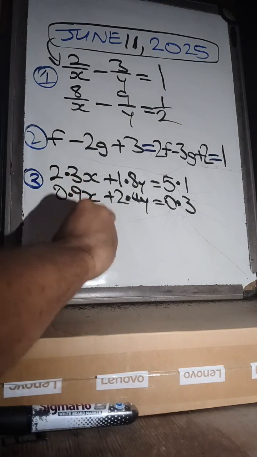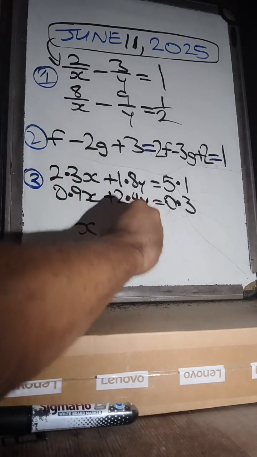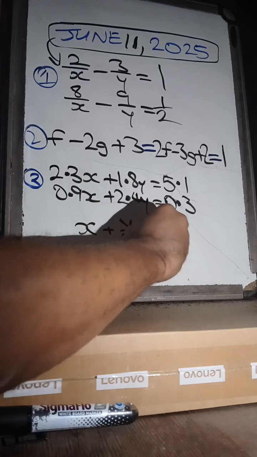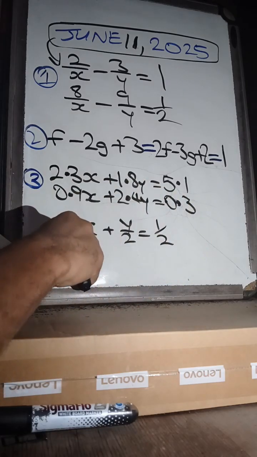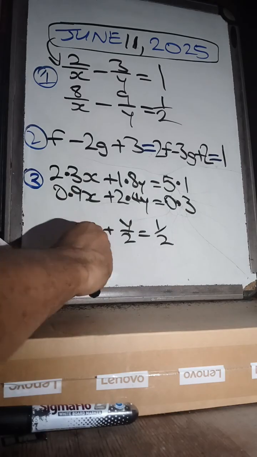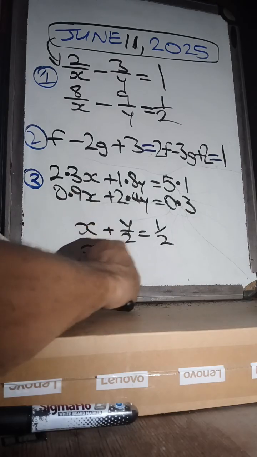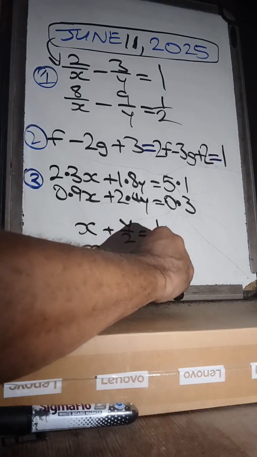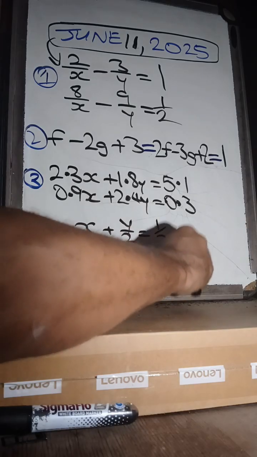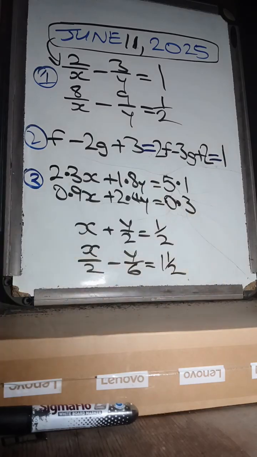So you have x plus y over 2 equals 1/2, x over 2 minus y over 6 equals 1.